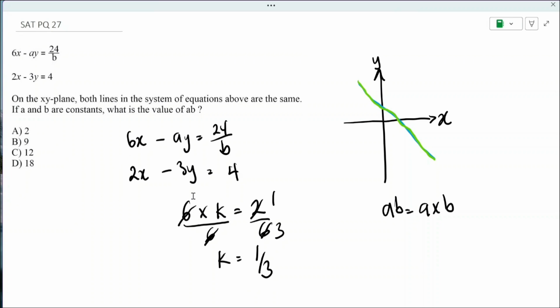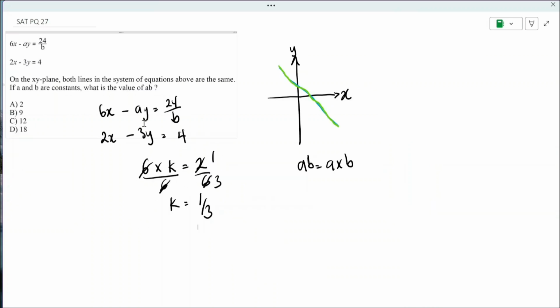So we can find a with the constant. To find a, you know the coefficient of y in equation 1 is not just a, it's negative a. And provided it's also negative in equation 2, you can ignore the negatives and focus on the constants. So you have a times the value of k, which is 1 over 3, should give you 3.